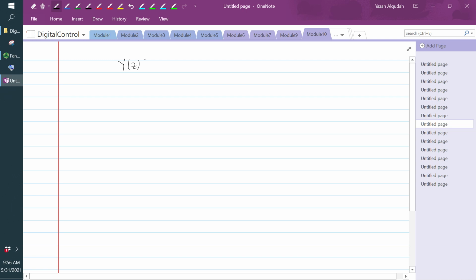If I take Y(z) as a common factor, I'm going to get z squared plus a1 multiplied by z plus a0, and this is going to equal b0 multiplied by U(z). Then Y(z) divided by U(z) is going to equal b0 divided by z squared plus a1 multiplied by z plus a0.